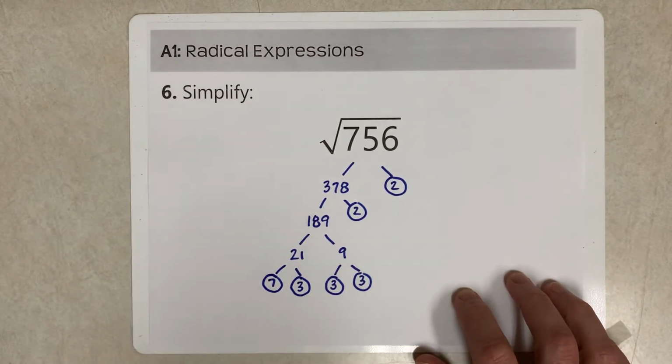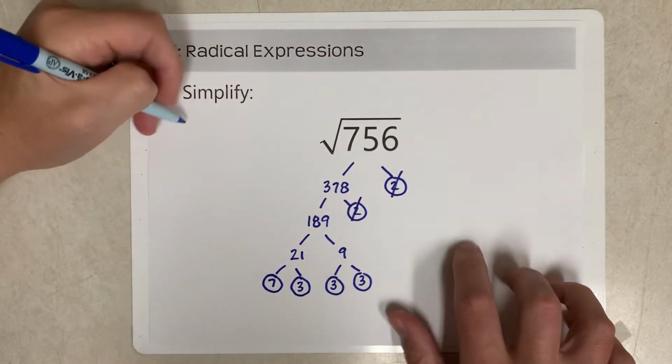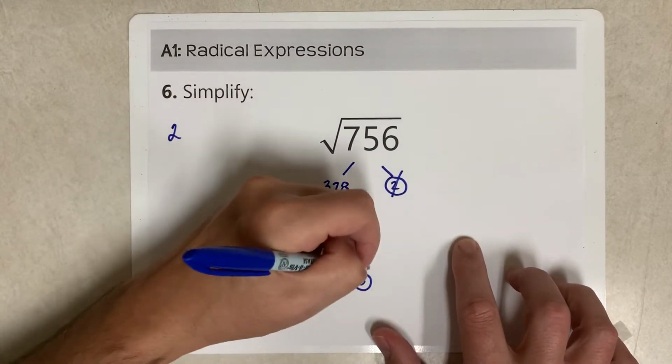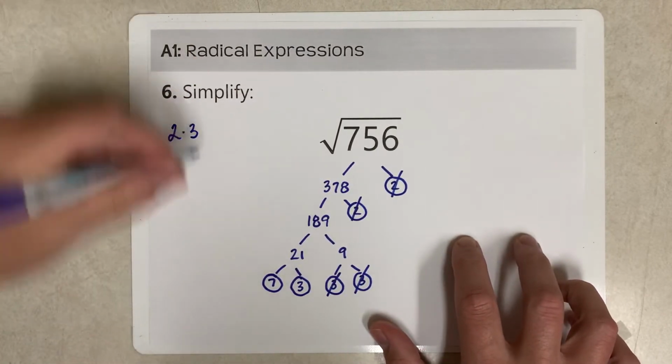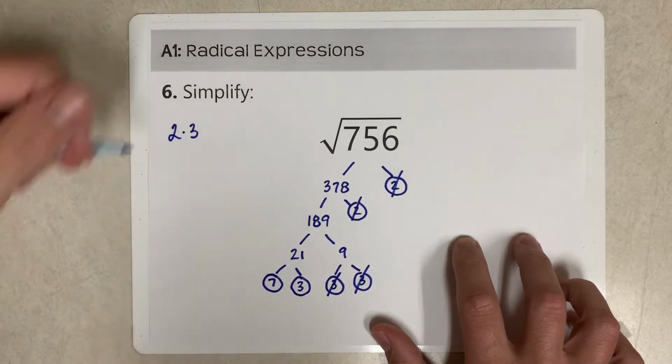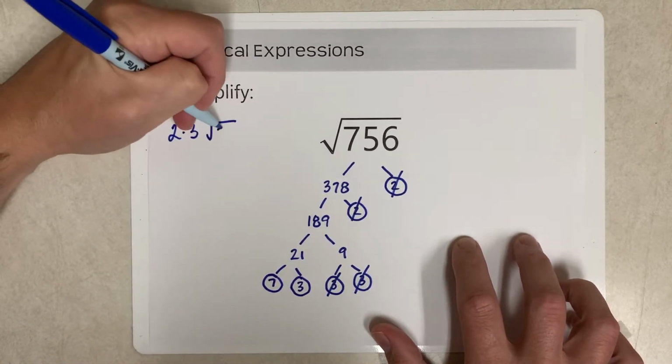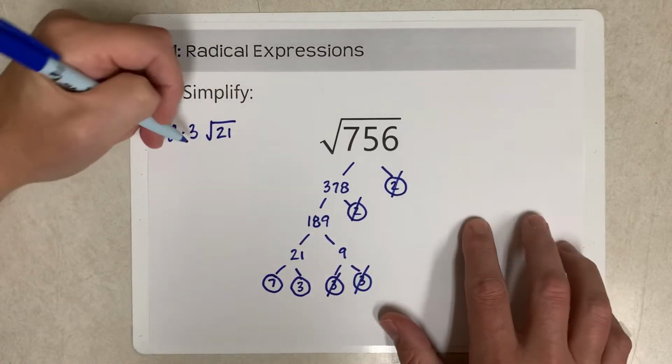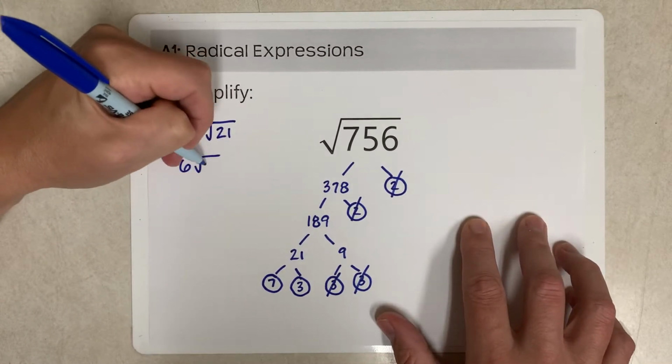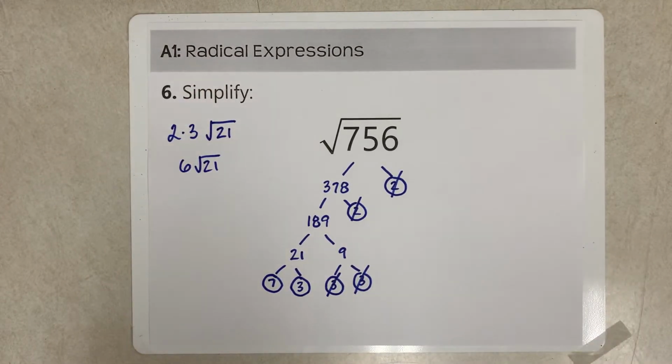All right, so let's see what we got. We've got a pair of 2s. We've got a pair of 3s. The 7 and 3 have no pairs, so they're just going to go back in as a 21. 2 times 3 is 6. And so 6 root 21 is going to be our final answer for that one.